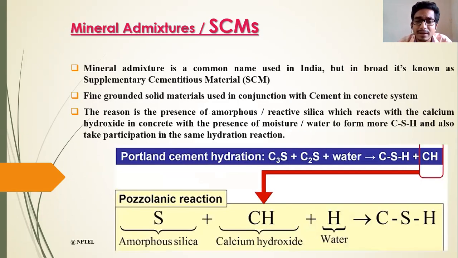So these are very fine ground materials which have pozzolanic activity, and we are using these types of SCMs for the presence of amorphous silica in them. So the reactive silica, what you call. Some of the examples are fly ash, metakaolin, rice husk ash, sugarcane bagasse ash.